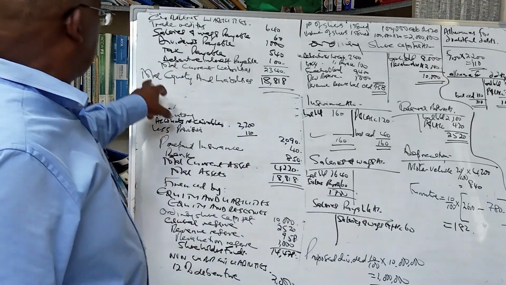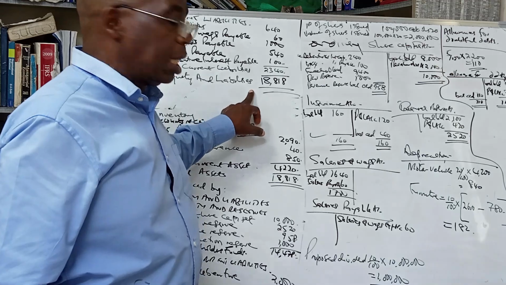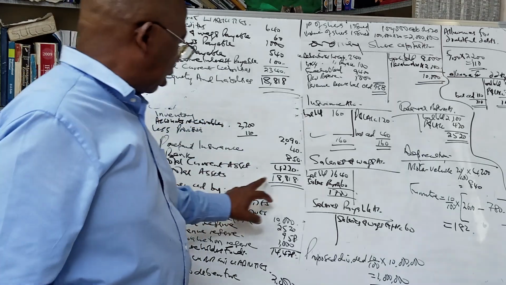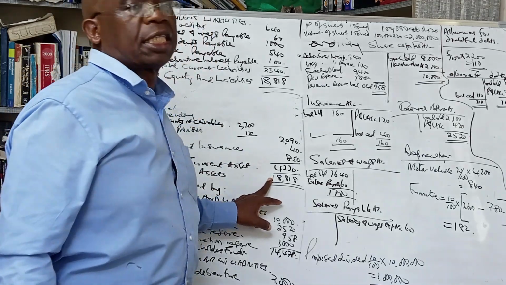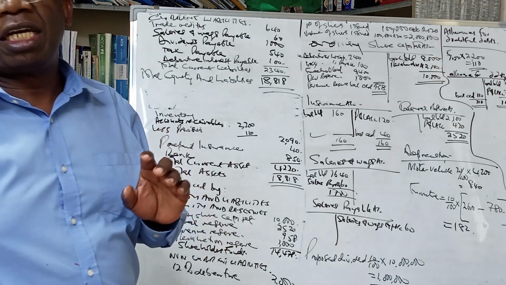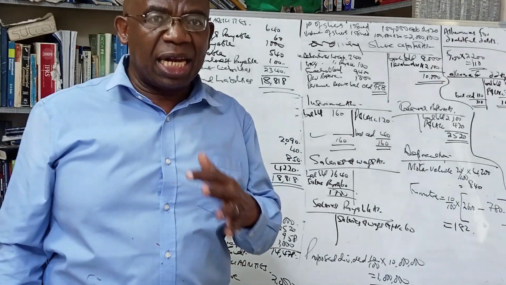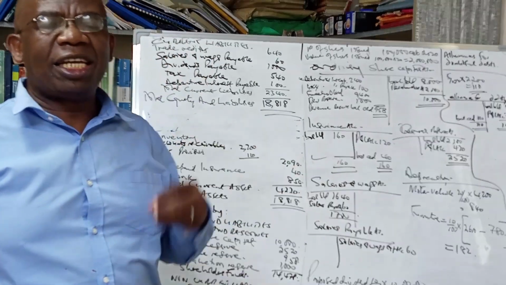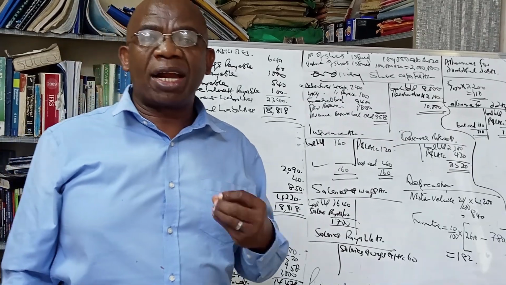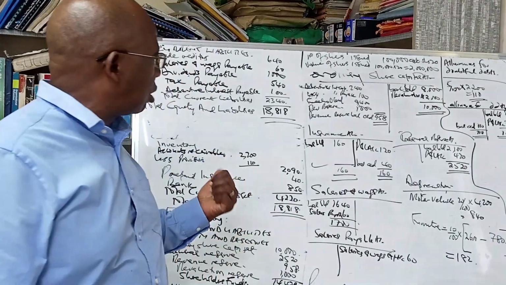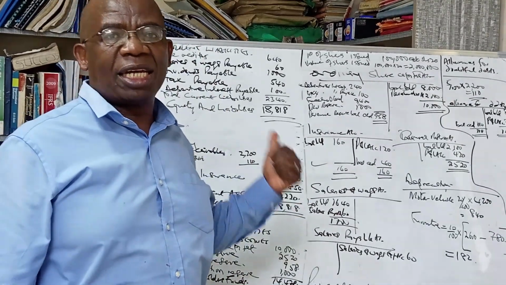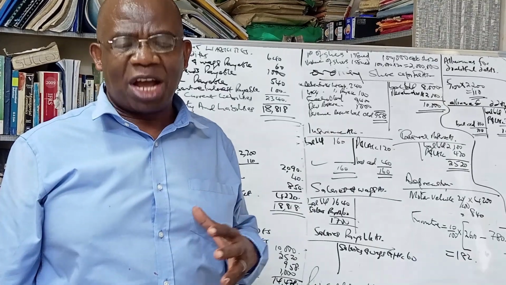The total equity and liabilities, the funding, is equal to the value of the assets. The balance sheet is balancing, and when that happens, more likely than not, we have succeeded. We are correct.